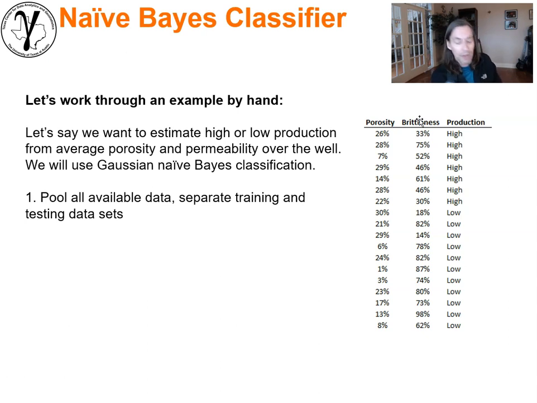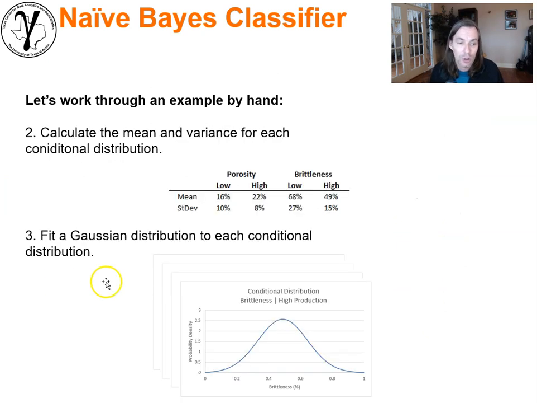Okay, so all we have to do is we just have to pool all of our data, and we're going to pool it by high and low production into separate training and testing data sets. So we'll take the training set and we'll be able to formulate these conditional distributions. Now it's very straightforward if you think about it. All I have to do is for porosity, calculate the mean and standard deviation of porosity for all low production and for all high production examples.